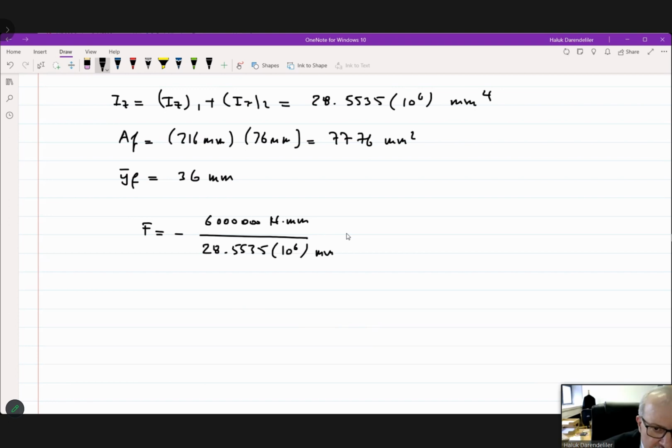Then we know YF, which is 36 millimeters. We know AF, which is 7,776 millimeters squared. Now from here, you end up with the following value. Force is equal to minus 58,820 newtons. Is this clear?